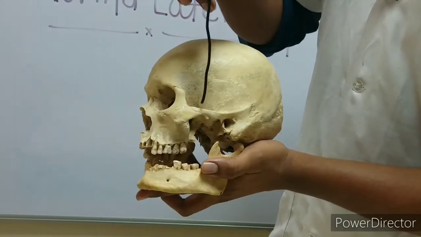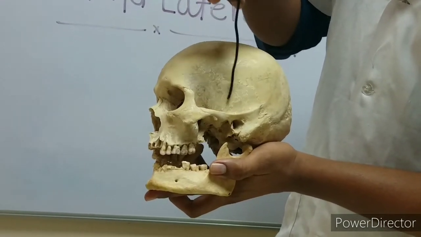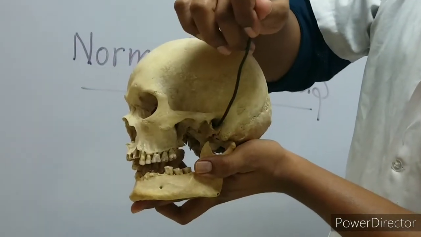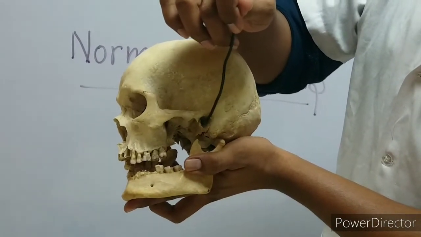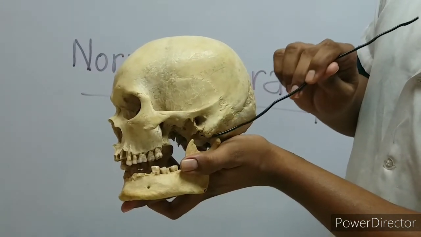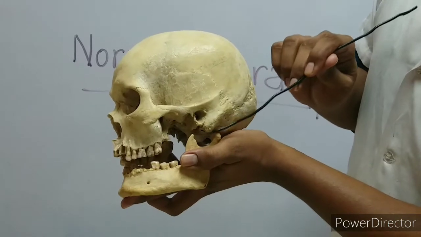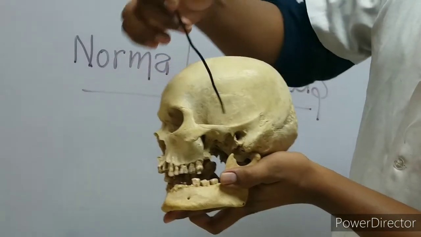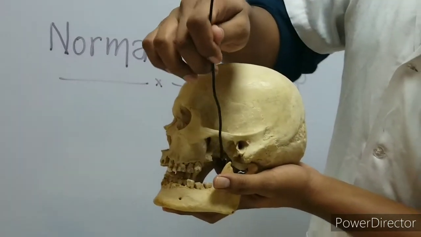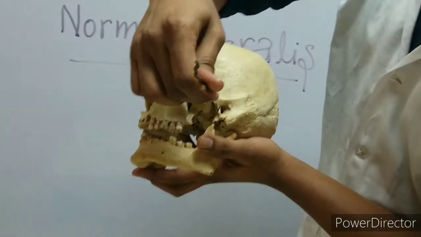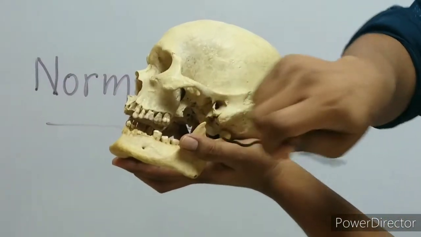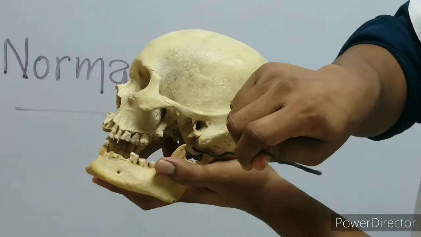After that we will see the external acoustic meatus, and posterior to this portion is the mastoid process. Then there are two parts, the infratemporal fossa and the pterygopalatine fossa. They are inside, so we will cover them during the next tutorial.